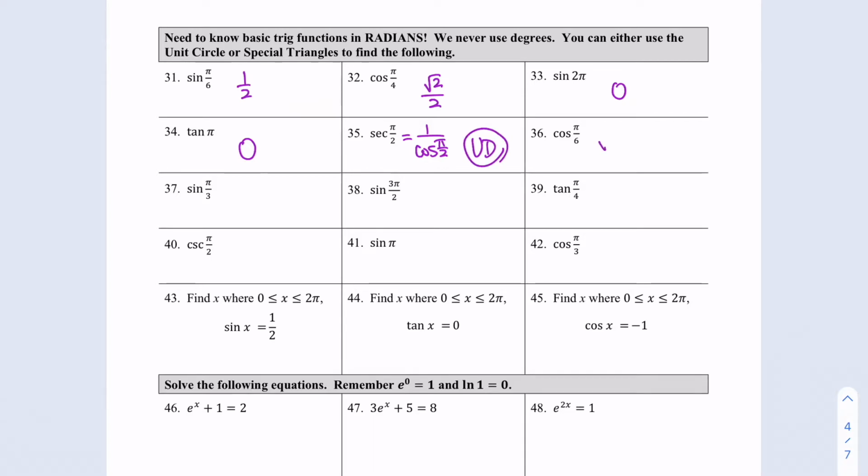Cosine pi/6, radical 3 over 2. Sine pi/3, radical 3 over 2. Sine 3 pi/2, negative 1. Tangent pi/4, 1. Cosecant, 1 over sine. Sine pi/2 is 1, so 1 over 1 gives us 1.